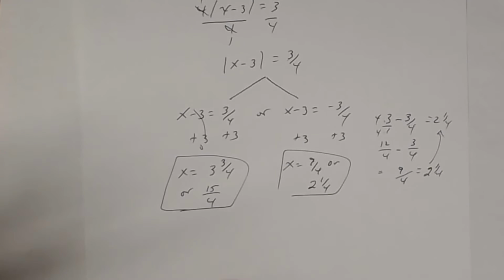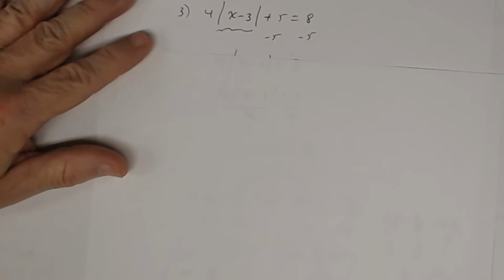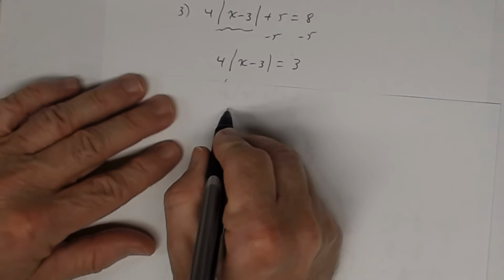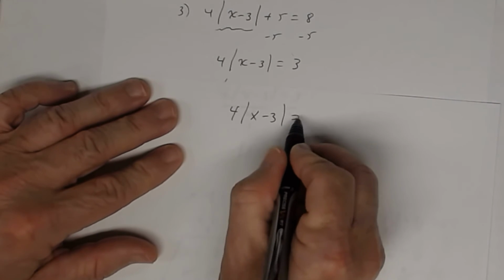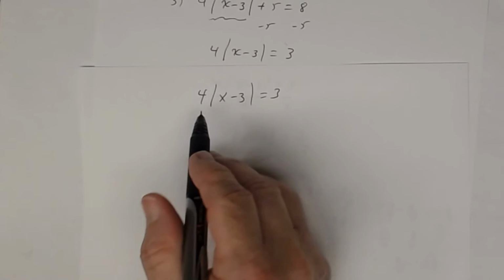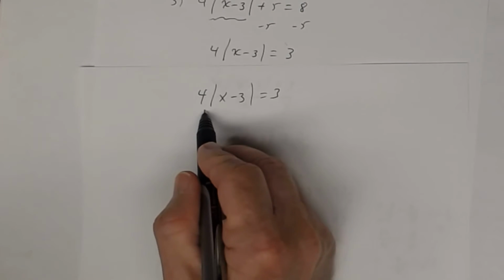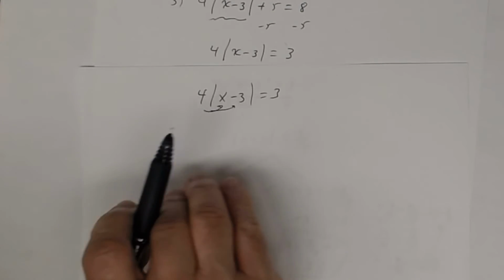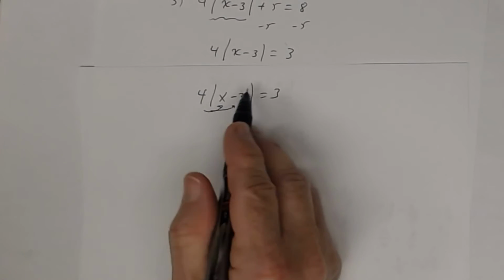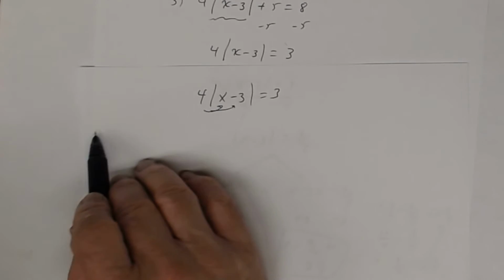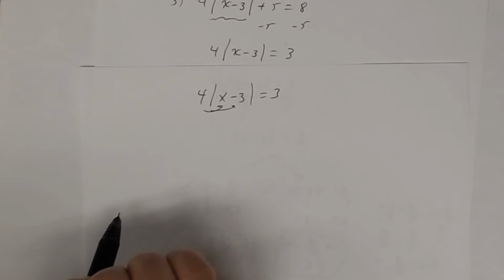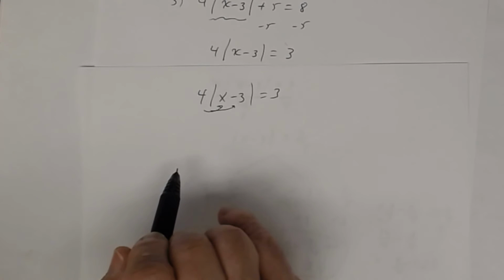Okay? But some of you probably did this, and let me just rewrite this part over right here. Since this is positive, and you distribute, you'll still get the same solutions. So let's go ahead and do that. Now I'm going to tell you though, if this were negative and you did this, you're going to lose all your points because mathematically those equations are no longer equivalent.